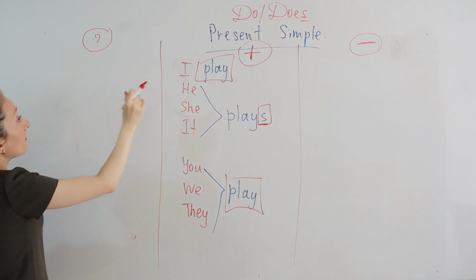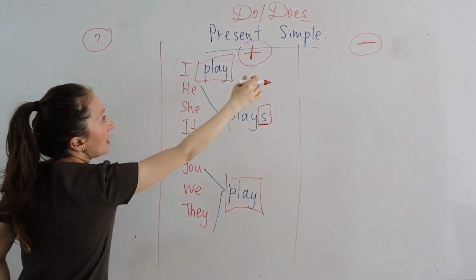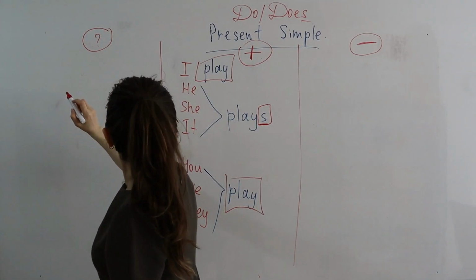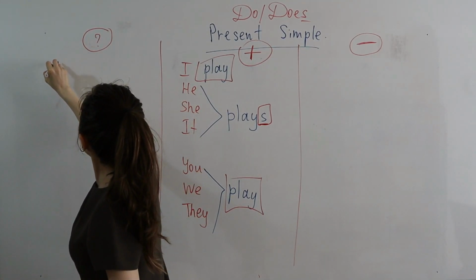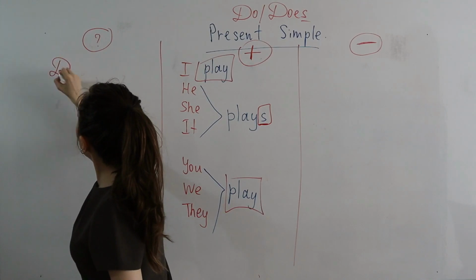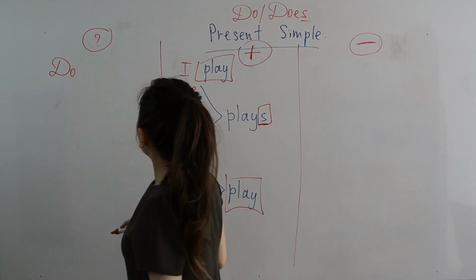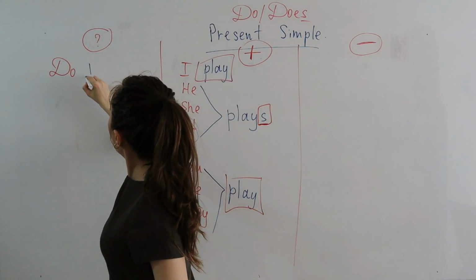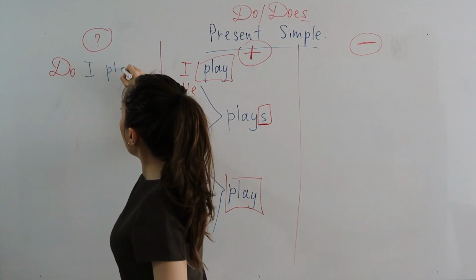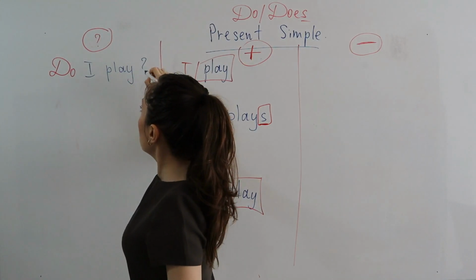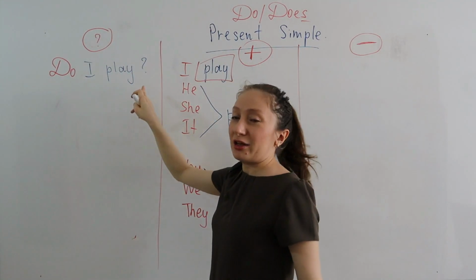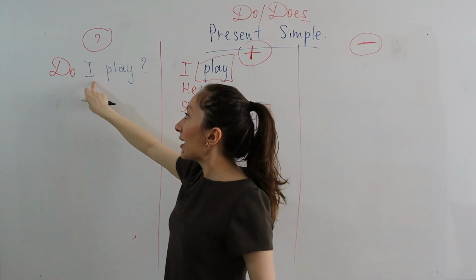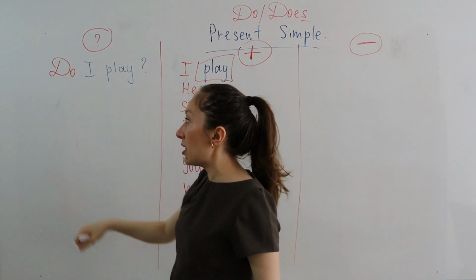For example, you have the sentence, I play football every weekend. And here you will write the helping verb do. So you have, do I play football every weekend? I will make a short version. Do I play? Right? For I, we use do.